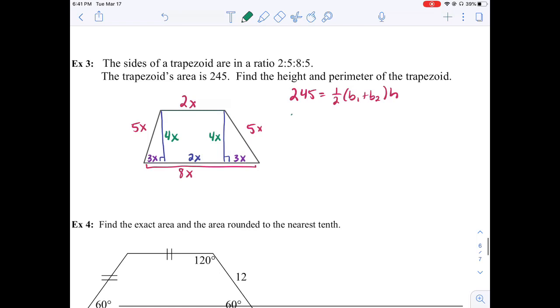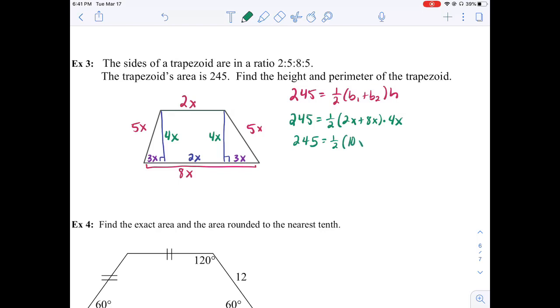So now that means 245 is equal to 1/2 of 2x plus 8x times 4x. So let's see here. This gives us 245 times 1/2. 2x plus 8x gives us 10x.